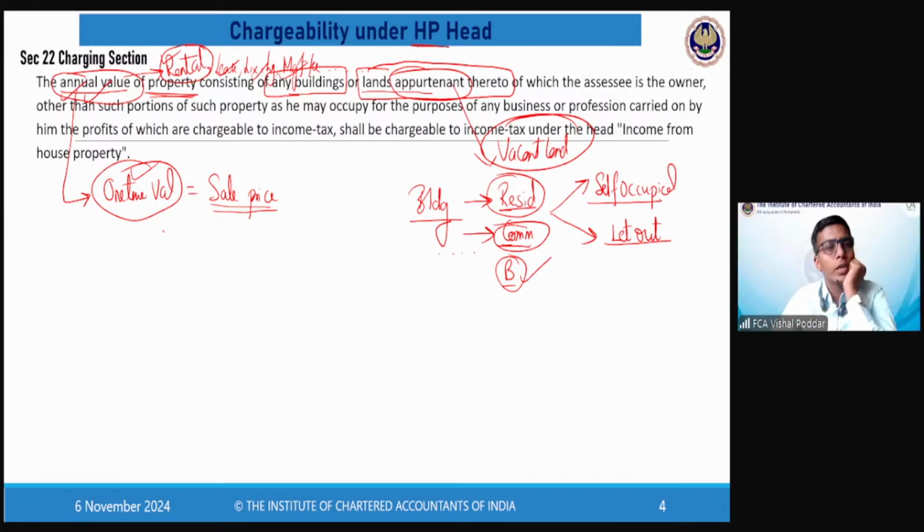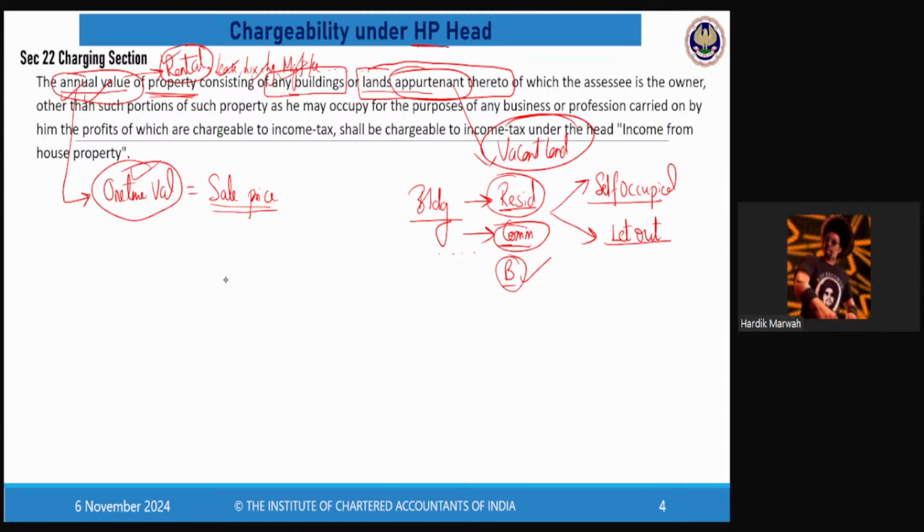Okay, I'll put it in a different way. See, we have people who are today retired, correct? During their earning time, when they were working or doing business, as an investment they purchased a shop or a godown. Possible? We have so many examples of this. Now, why did they purchase or invest in that godown?